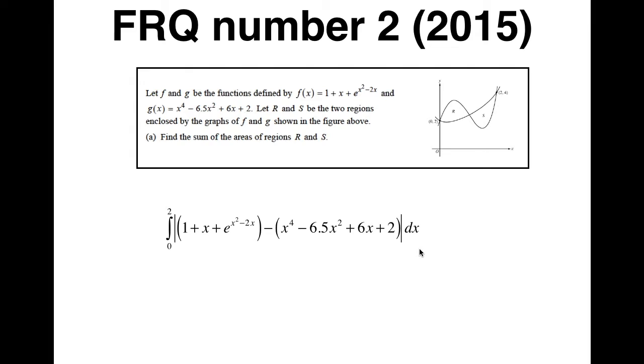So be careful. If you know that this works, great. But it might be just safer to go through the trouble of finding the intersection and then integrating from 0 to a of f minus g, or g minus f, and then integrating from a to 2 of f minus g.